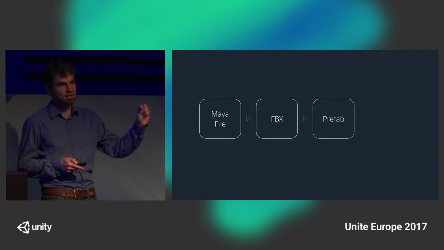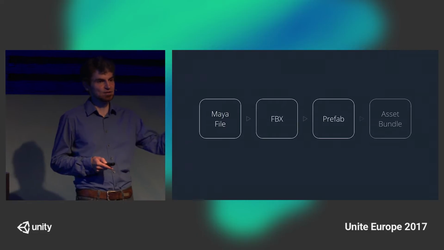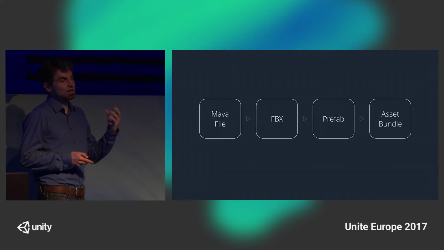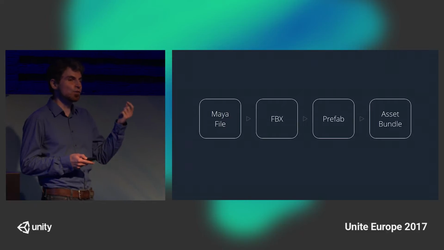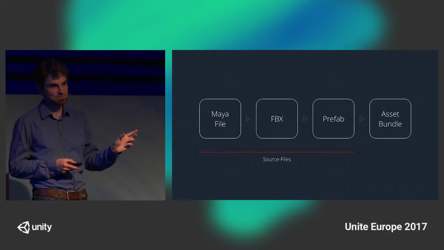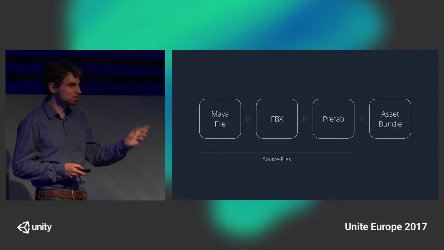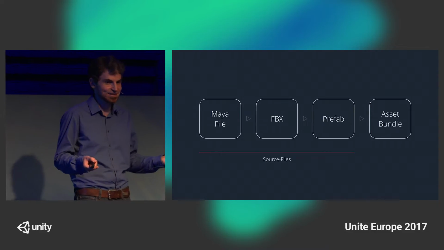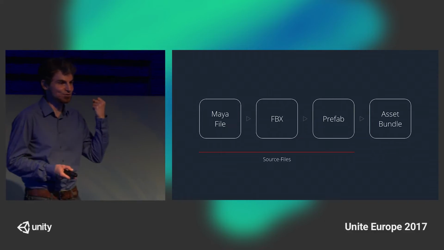And then finally, we take those prefabs and build them into asset bundles. Now, if you think about it, the first 3 files in that step are all source files. So once you build your asset bundles, you actually don't need your source files anymore, right? You can just take them out of your Unity project.